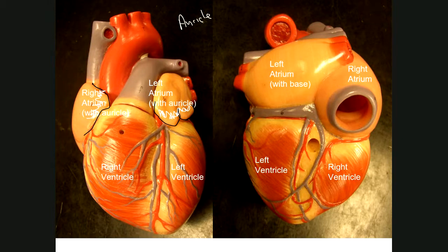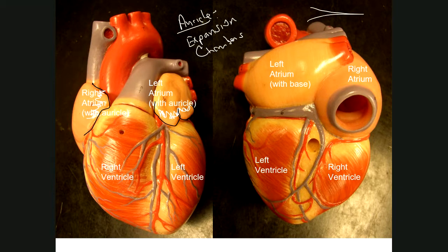Well, auricles are expansion chambers. In other words, they only open up and fill up when we have a lot of blood coming to the heart. So if you're just resting or sleeping or doing something like that, they tend to be like this. They're closed off.